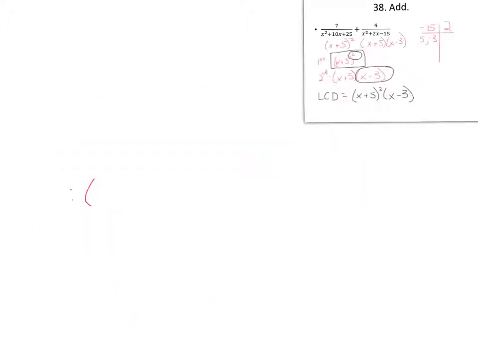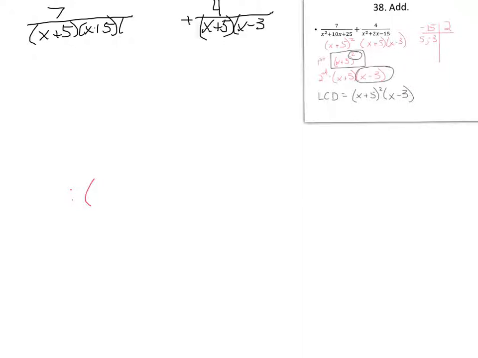So let's rewrite our original equation. We have 7 over our factorized denominator x plus 5, x plus 5, plus 4 over x plus 5 times x minus 3.